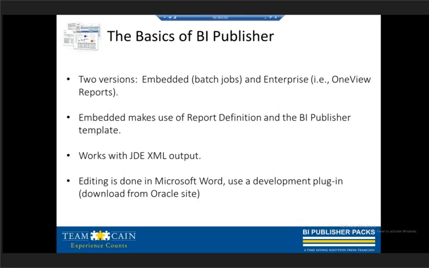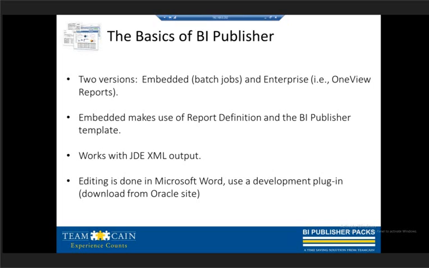It is more used for running batch jobs and modifying the output and delivery of where those reports are going. The other version is the BI Publisher Enterprise version, which is more utilized for reporting solutions and definitely used for some tools such as OneView reports. So those are the 2 distinct versions of BI Publisher. Again, we will be concentrating on the embedded version for this demonstration.